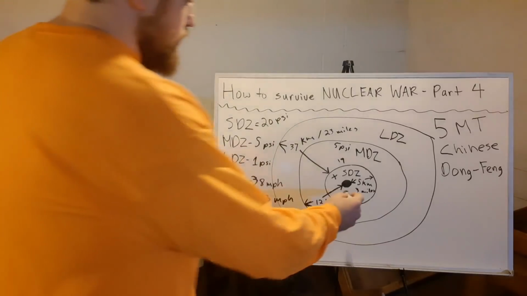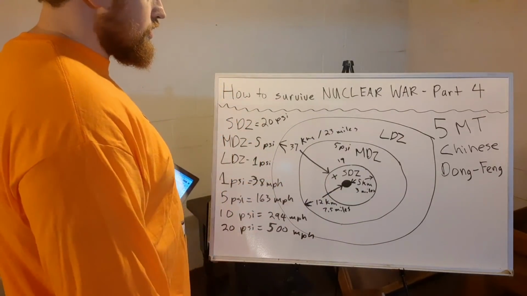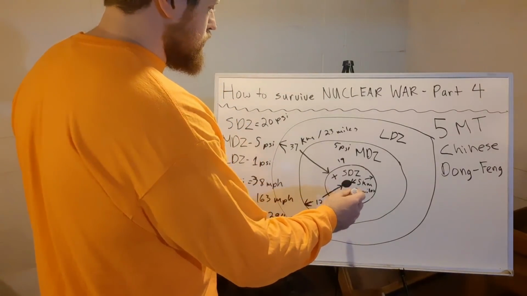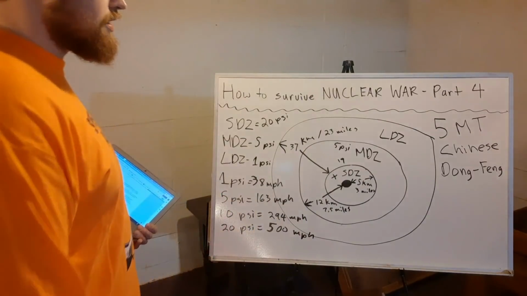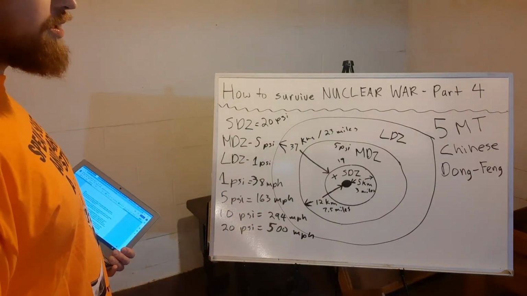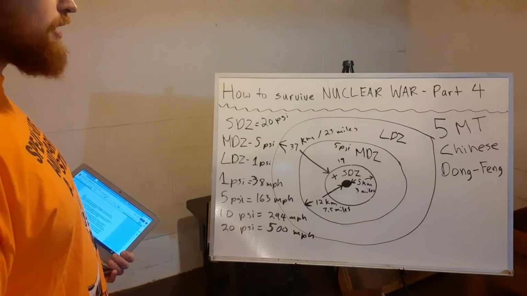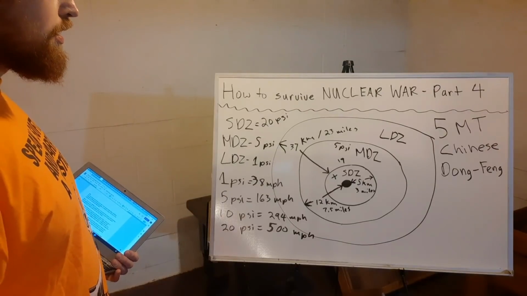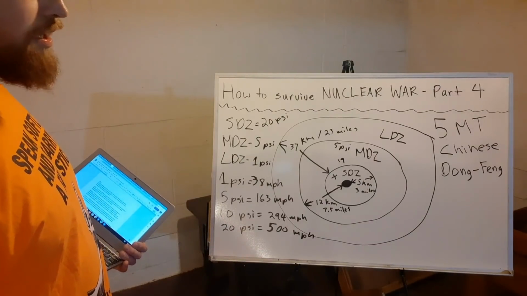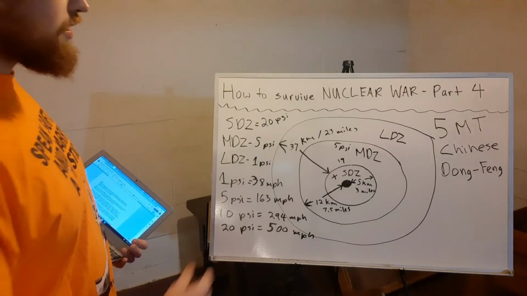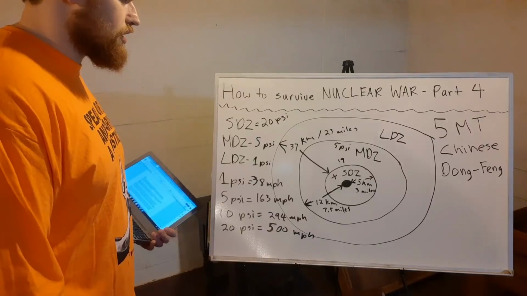So if you're in the severe damage zone, you're going to receive that initial pulse of radiation that's going to basically give you a lethal dose, okay? You're going to die. Unless you're underground in a deep subway tunnel or some kind of deep basement inside of a reinforced concrete building, then you'll be protected from the radiation.